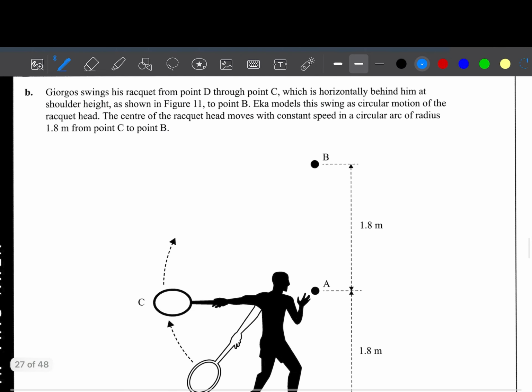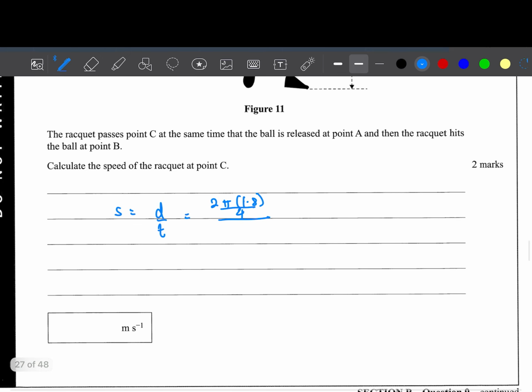What is the time? Oh wait, it's right here. It's going to be 0.606 that we just found. So just putting that in my calculator: 2π times 1.8 divided by 4, and 0.606.